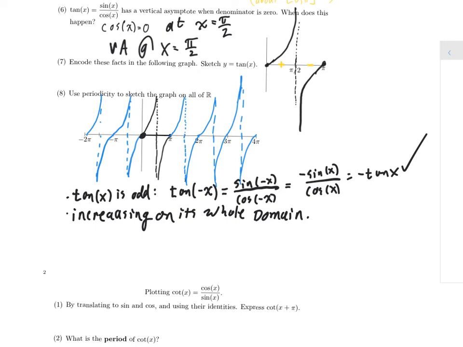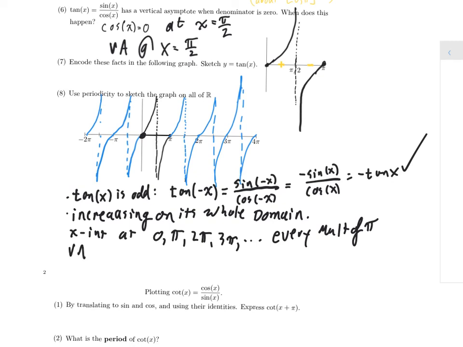What other observations do we see? It looks like it has an x-intercept at 0, pi, 2 pi, 3 pi, and so on. So it looks like every multiple of pi. It's got a vertical asymptote, it looks like, at pi over 2, at 3 pi over 2, at 5 pi over 2.